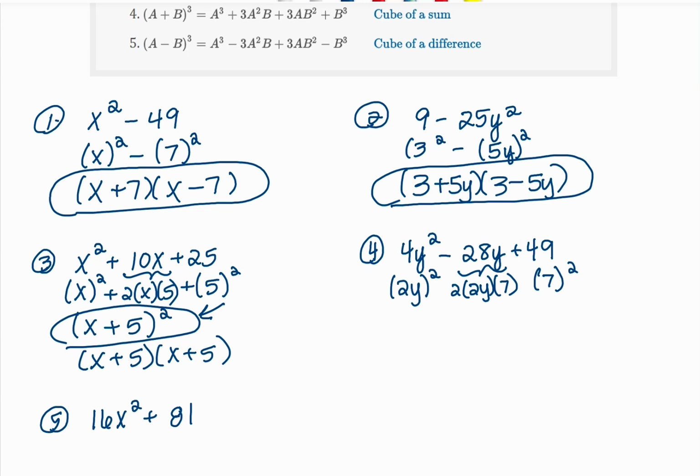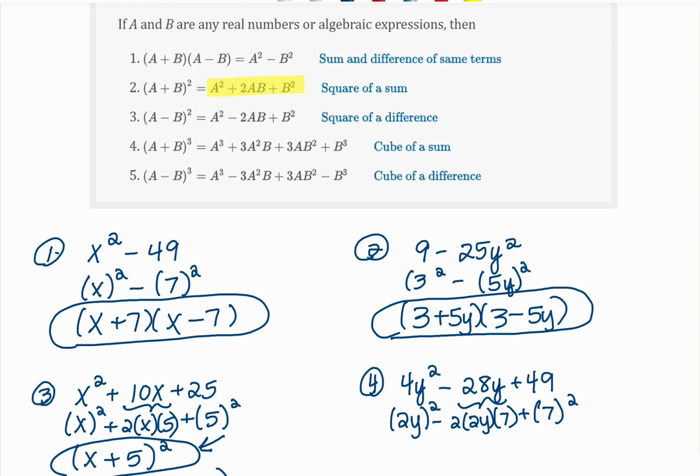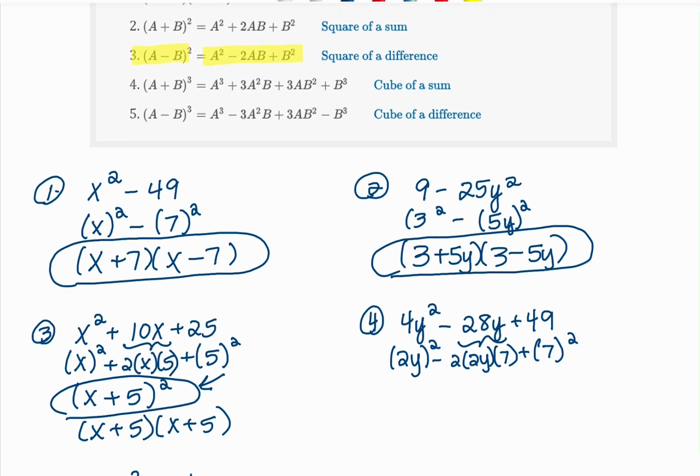And we have a subtraction, and then we have a plus, okay? And so if you look at this trinomial, a squared minus 2ab plus b squared, we have that pattern, which means we can factor that as the square of a difference.